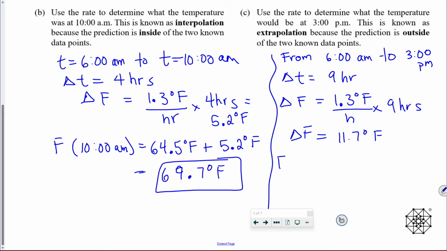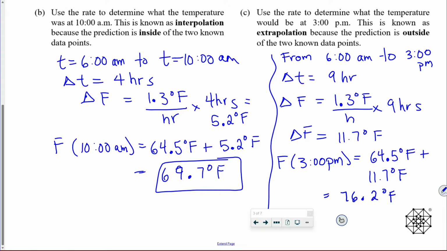And now my Fahrenheit temperature at 3 o'clock p.m., it might be easier to use military time in this case, is going to be that 64.5 degrees Fahrenheit that we were at 6 a.m. in the morning, plus the change in my temperature, 11.7 degrees Fahrenheit, and we're going to end up at 76.2 degrees Fahrenheit.